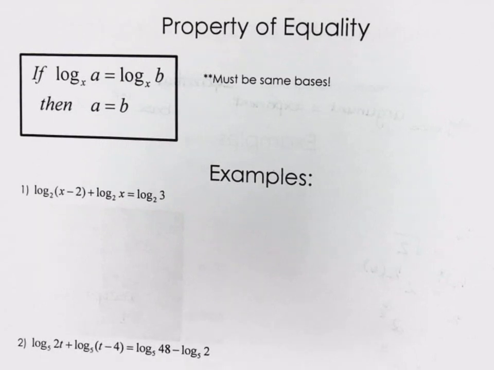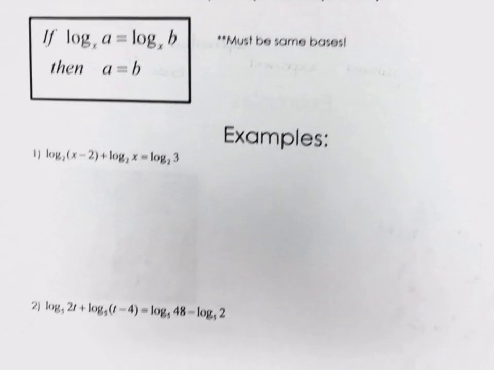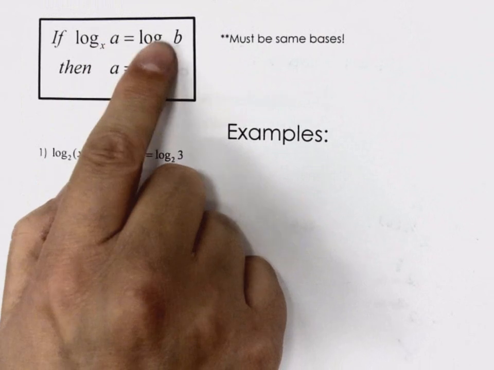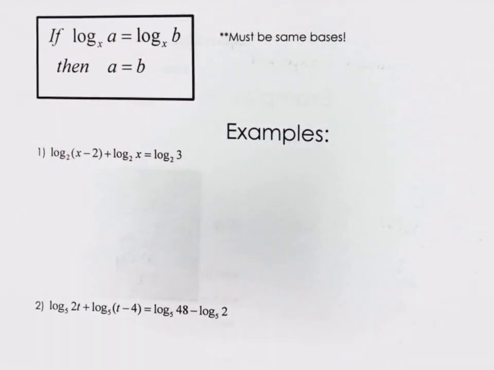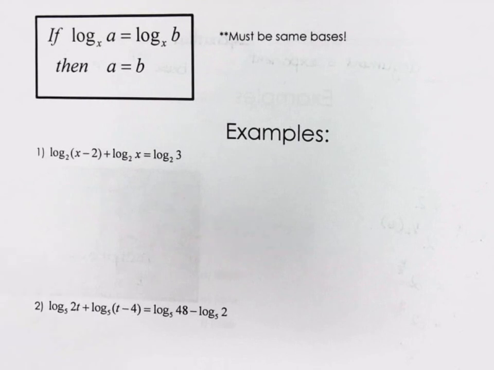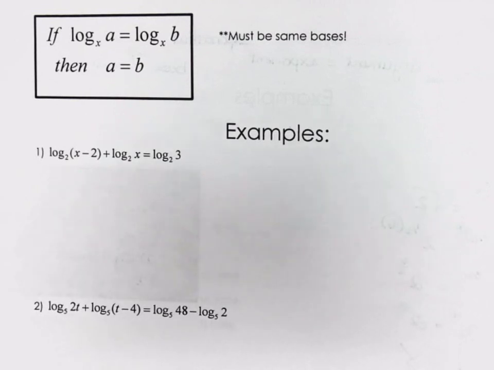Same property applies to logarithms. If these have the same base and there's a single log on either side, just like there was a single exponent on either side, we just drop those logs and we can set the arguments equal to each other, just like we set those exponents equal to each other. Same sort of thing.